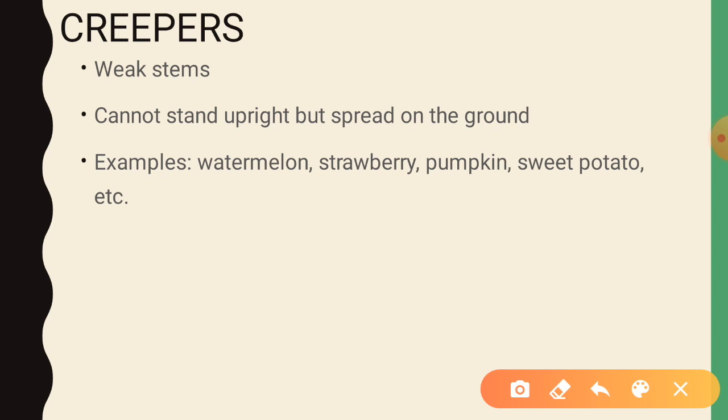All the properties which are shown by climbers, they are shown by the creepers. But creepers grow on the ground, horizontally, while your climbers grow vertically up taking support of someone else. So these are the property. Have a look. Weak stem cannot stand upright but spread on ground. Let's see the example. They are watermelon, strawberry, pumpkin, sweet potato, so many more.